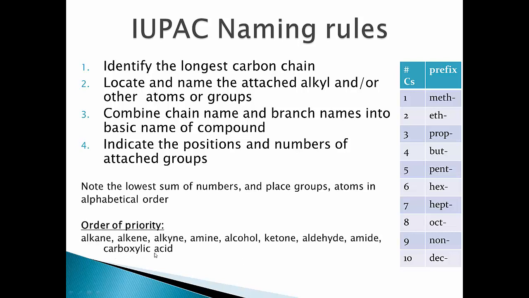The highest priority is your carboxylic acid, then amide, aldehyde, ketone, alcohol, amine, and then you've got your hydrocarbons at the end. Once you've found your highest priority, you start numbering so that the lowest number is on your highest priority group. When we're putting the name together, we do it in alphabetical order for the substituents, and that goes out the front. We'll do some examples again to refresh you on your IUPAC naming.